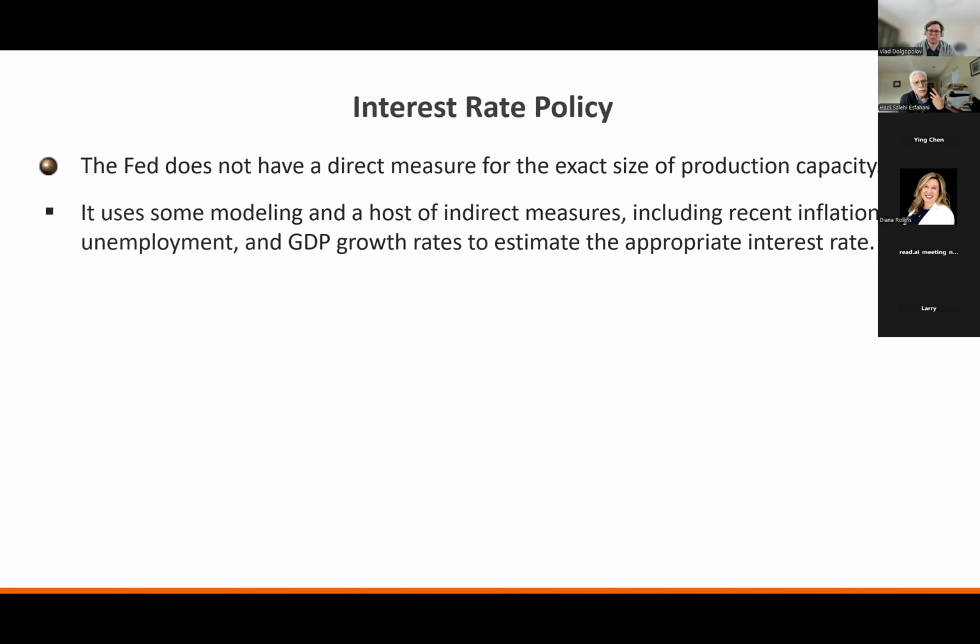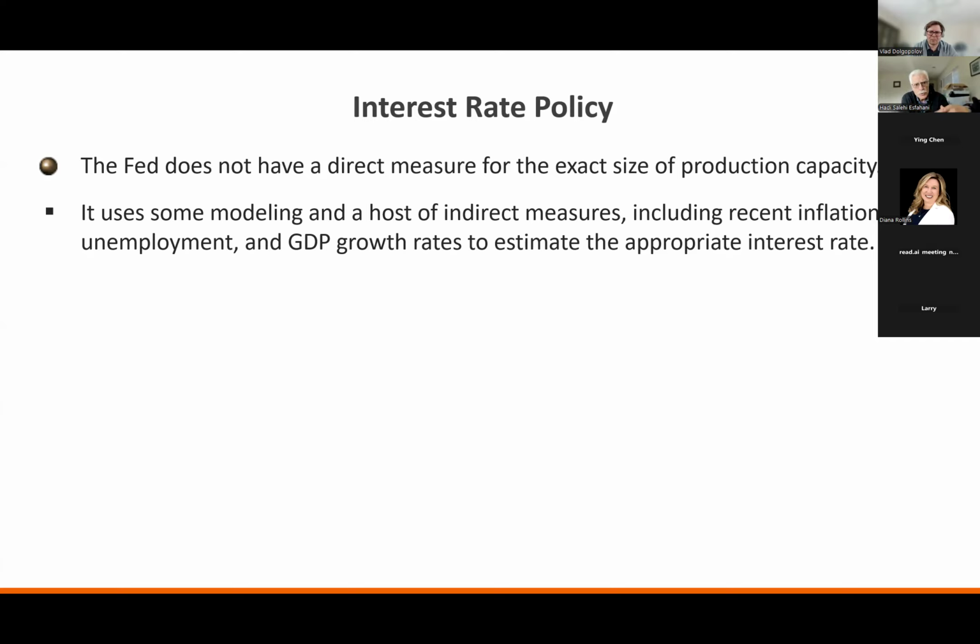The way we assess it is by looking at some indirect measures that reflect the distance between production capacity and aggregate demand in the economy. For example, higher inflation indicates that we're going above production capacity, or if unemployment is high, it indicates that probably aggregate demand is below production capacity.